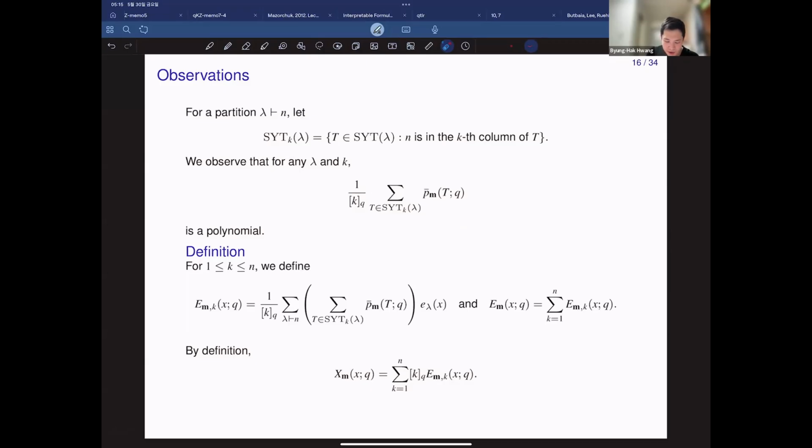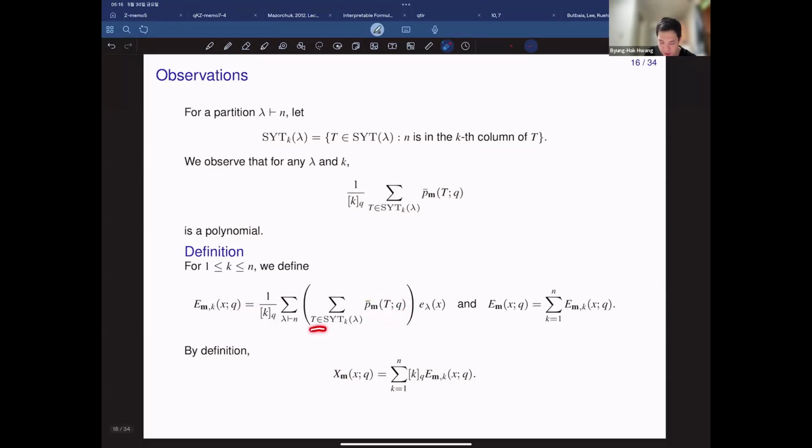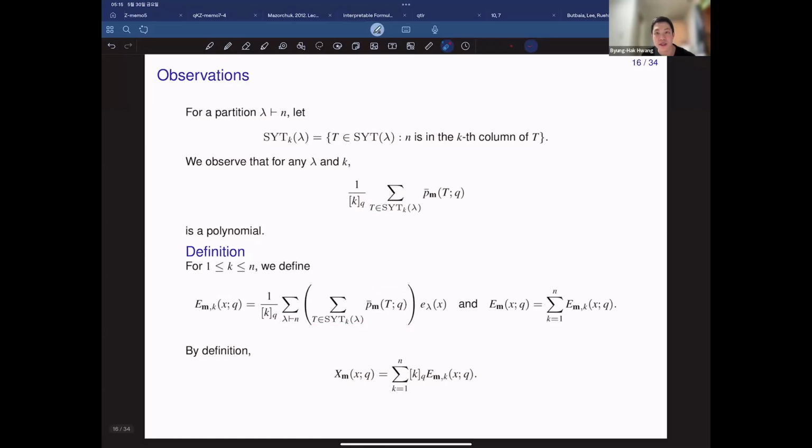Using this, we can define the following new variant of chromatic quasisymmetric functions. e sub m,k is equal to 1 over k times the summation over SYT sub k of lambda of these values, and we put this one as the coefficient of e sub lambda.